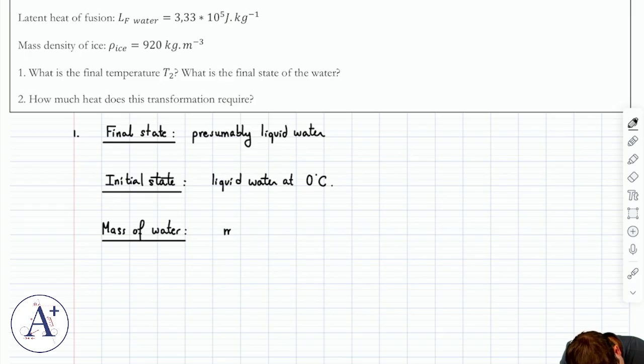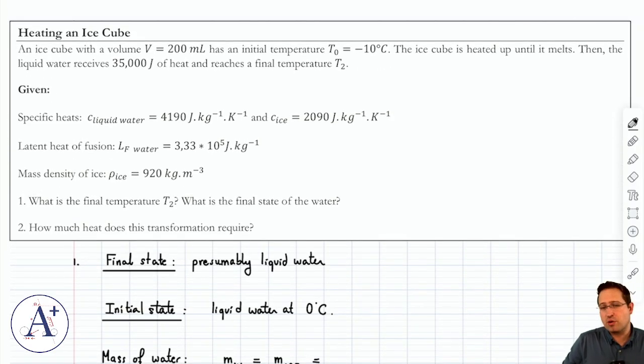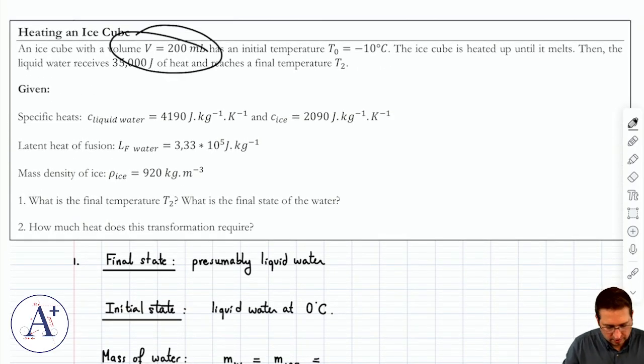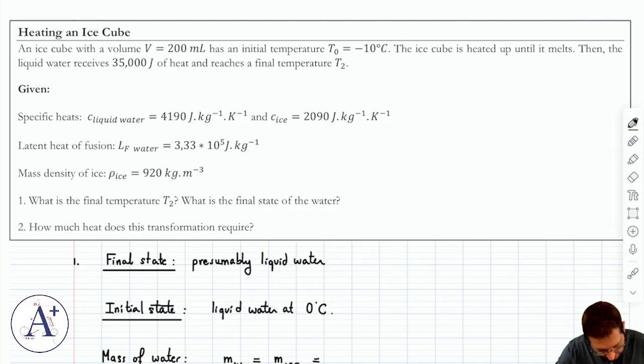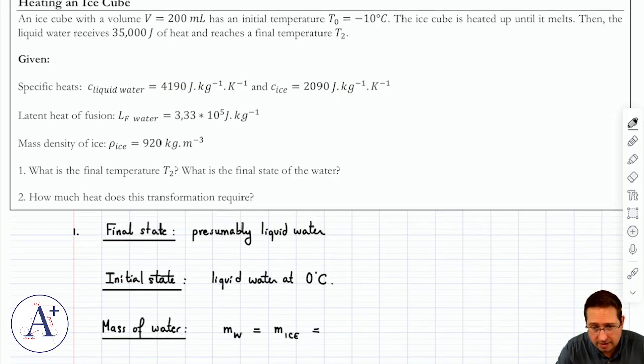Okay. Now, the mass of water, by conservation of mass, is going to be equal to the mass of ice, which is not that helpful because I don't know the mass of ice, I know the volume of ice. But it's okay because I know the mass density of ice as well, and if I multiply my mass density by volume, then I'm going to get mass, right? So that's going to be 920 multiplied by 200. Now this is milliliters.